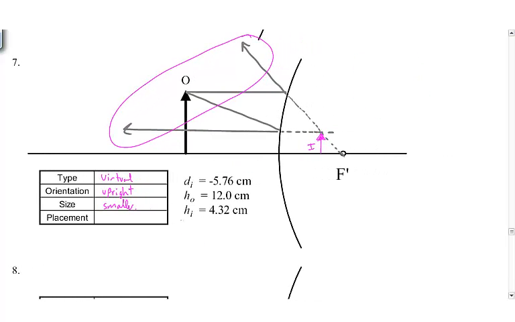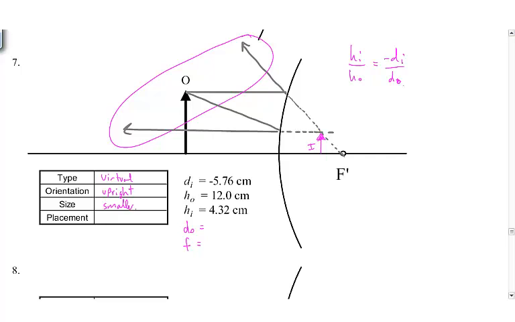The two unknowns that we have to find are distance to the object and the focal length. If you look at the variables given, we have to find out the distance to the object first, which will then allow us to find the focal length. So the first step is using our hi over ho equation to find out what is that distance to the object.